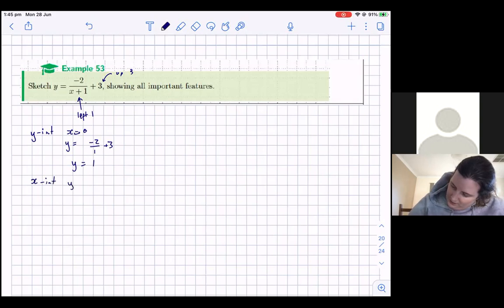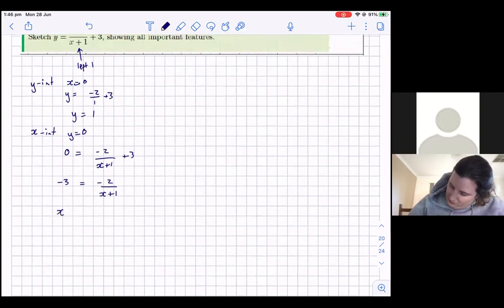X-intercept, make y equals 0. So we've got 0 equals -2 on x plus 1, plus 3. So -3 equals -2 on x plus 1. So we've got x plus 1 equals -2 on -3. So x equals 2/3 take 1, so -1/3.